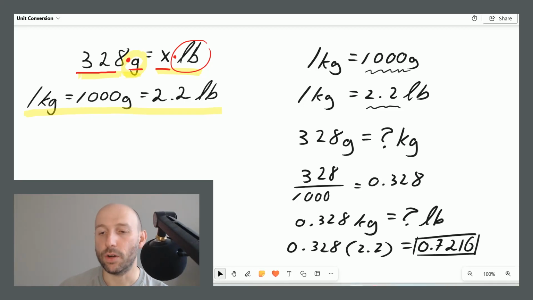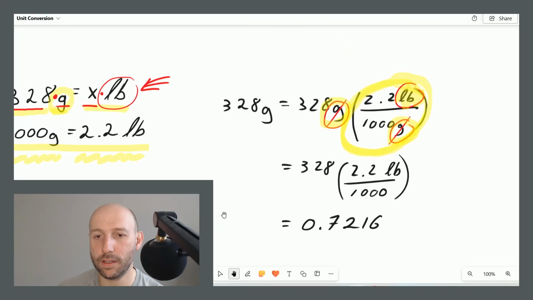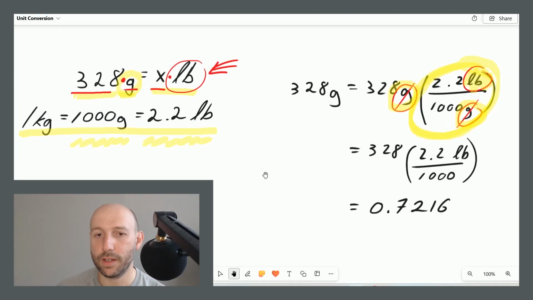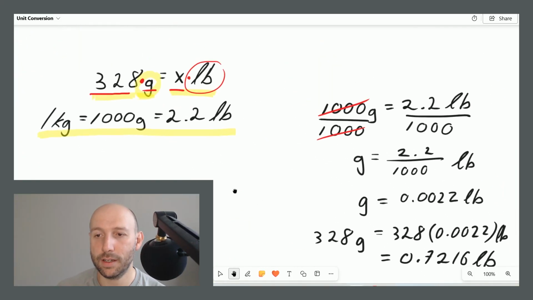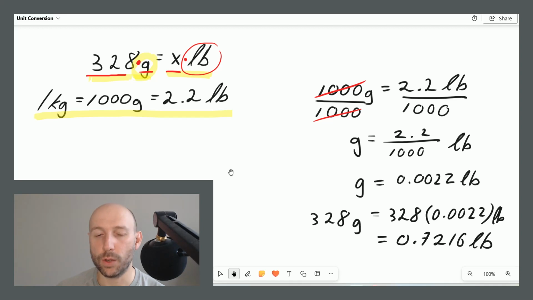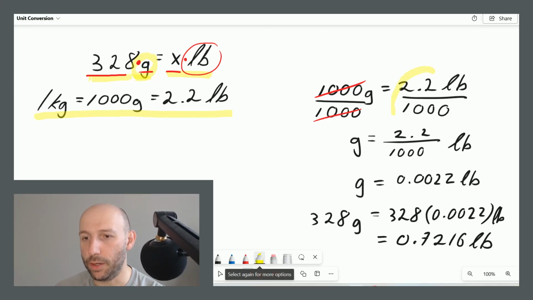Okay, so we have 3 different approaches. The shortcut approach, the formal approach where we're essentially multiplying by 1, and the other formal approach where we're treating it as an algebraic expression. Notice that in all of these situations, we are multiplying by 2.2 and dividing by 1,000.